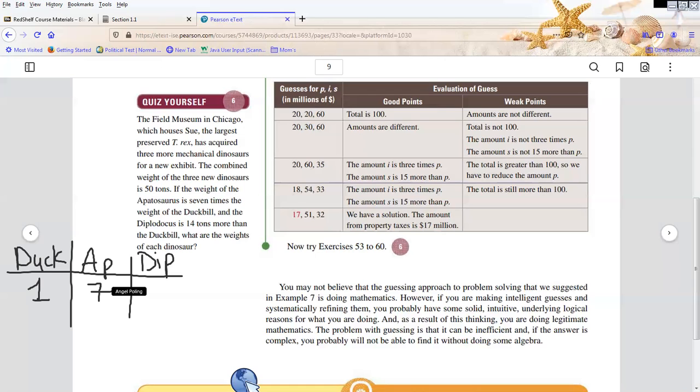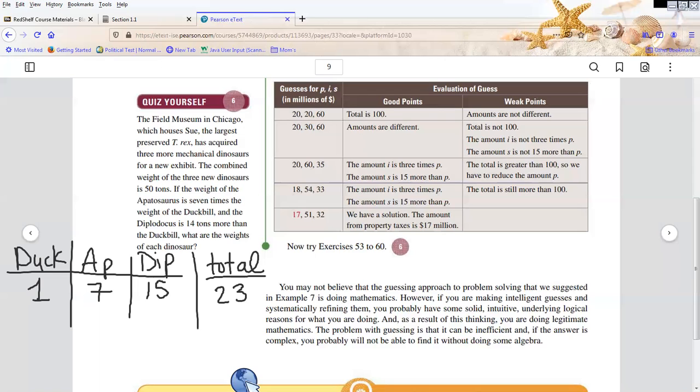And the Diplodocus is 14 tons more. So that's 14 plus 1, giving us 15. Now, if we look at the total weight, we have 15 plus 7 plus 1 for 23. 23 is close, right? It's not quite half.